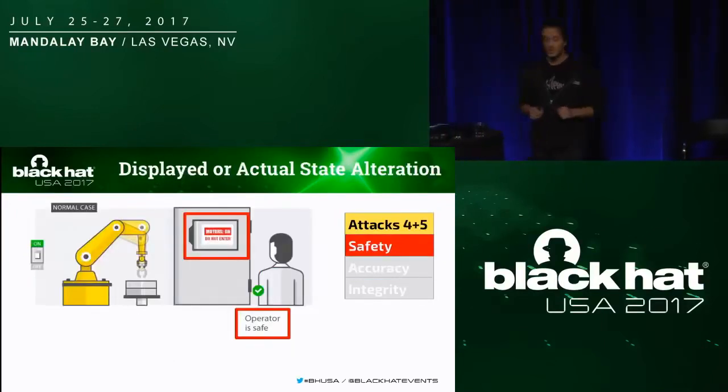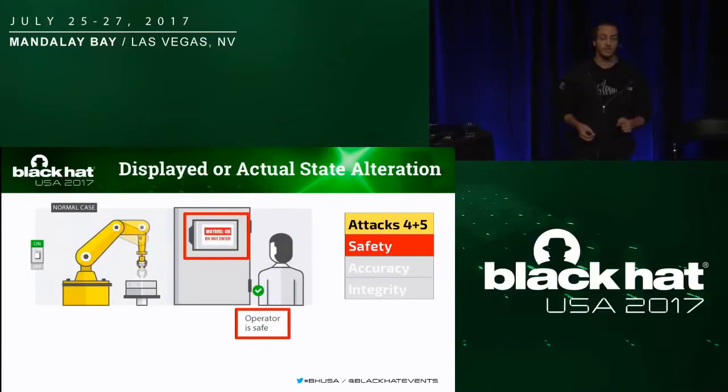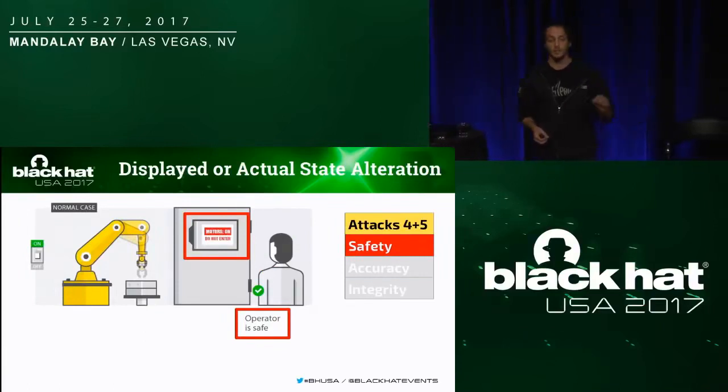The last 2 attacks are the ones about state alteration. What if the attacker is able to modify the state of the robot, turn it on at his will, or change the representation of the state that is displayed to the user? Well, if the user reads motors are on the teach pendant, he will not enter the workspace.